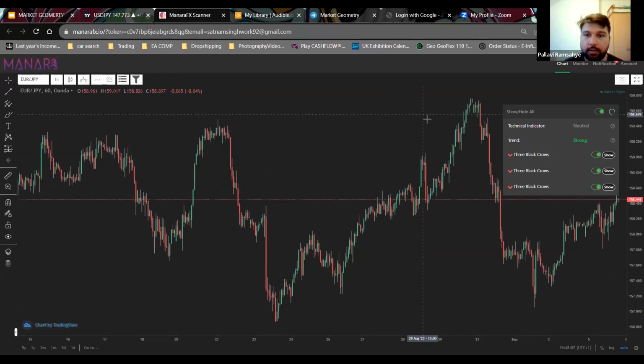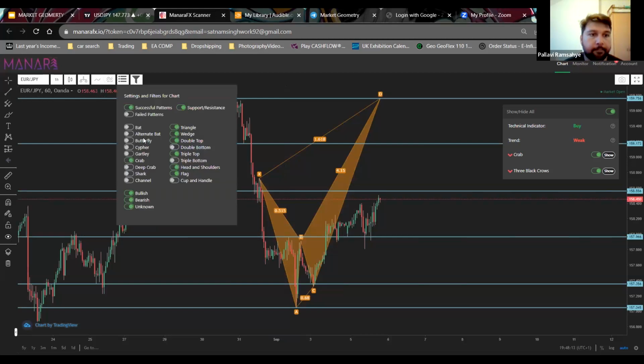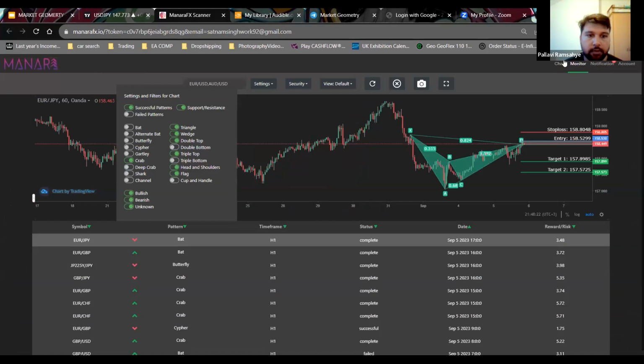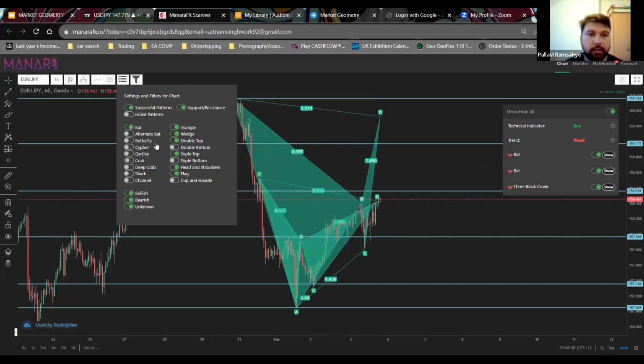So that's the bat pattern. Let's turn on bat patterns and turn off the rest.